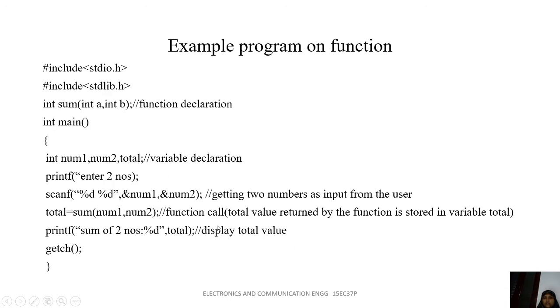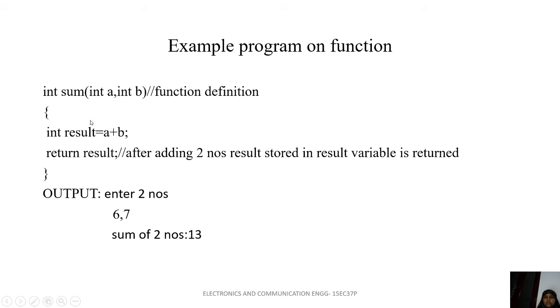So what happens here is that you are calling a function by passing two arguments, num1 and num2. The num1 value will be stored in a, and the num2 value will be stored in b.